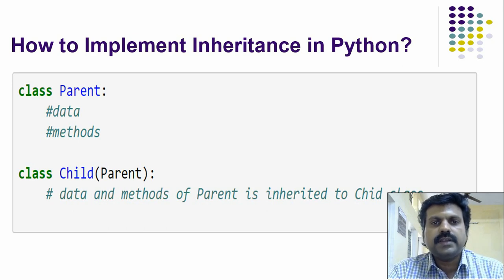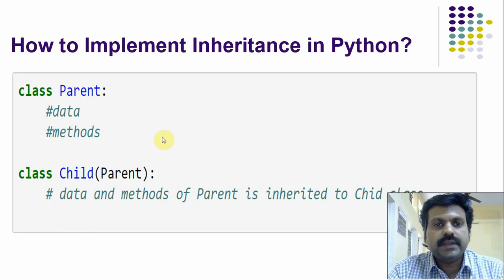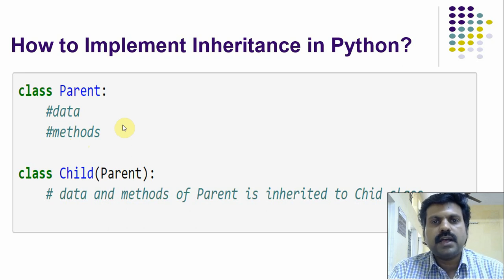First, assume that we have an existing class called parent, with data and methods, and this class is already created and established. Suppose after 1 month or after 1 year you want to add a new class. Instead of creating a new class from scratch, we can extend this particular class and create a new class.